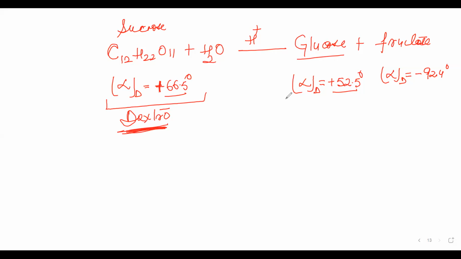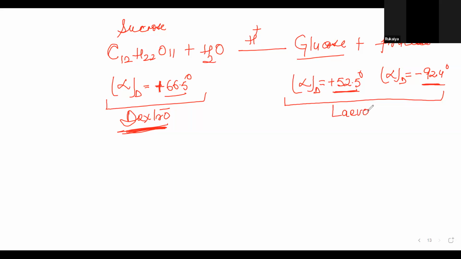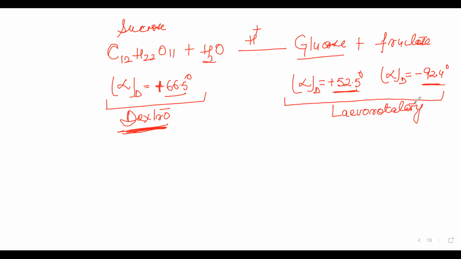And sucrose on hydrolysis gives us a mixture. और मिक्सचर में आप देखोगे एक की स्पेसिफिक रोटेशन है प्लस 52.5 और एक की स्पेसिफिक रोटेशन है माइनस 92.4. सो दिस मिक्सचर इज levorotatory. सो इस फिनोमिनन को हम बोलते हैं इन्वर्जन ऑफ सुक्रोज. This phenomenon is called as inversion of sucrose.